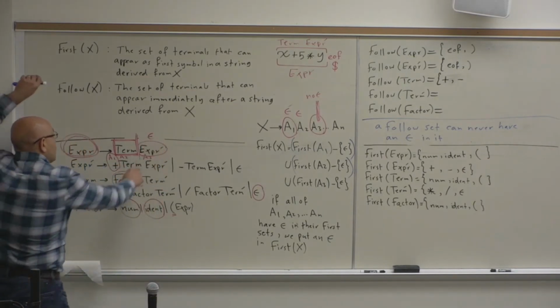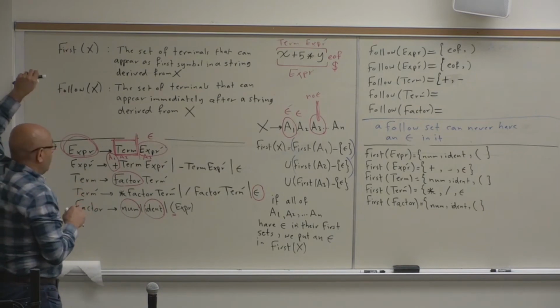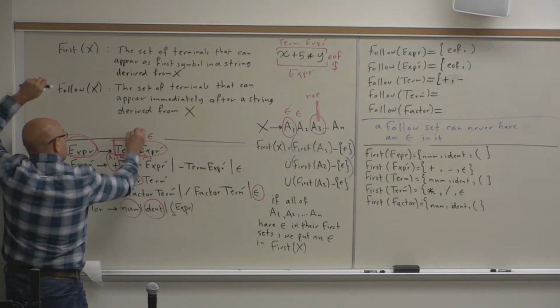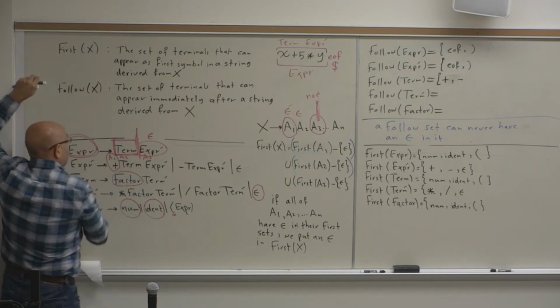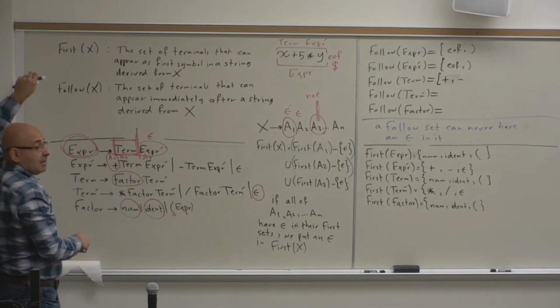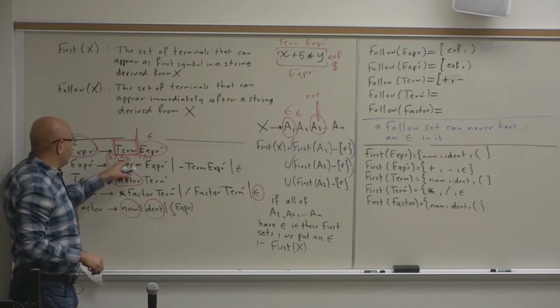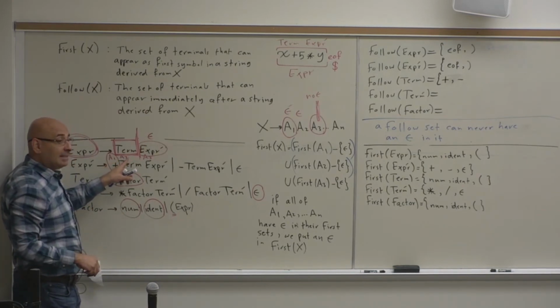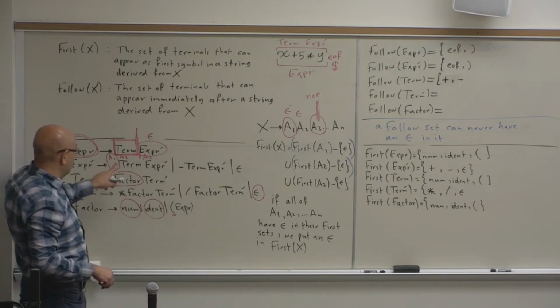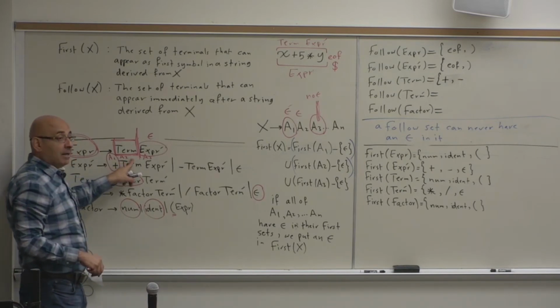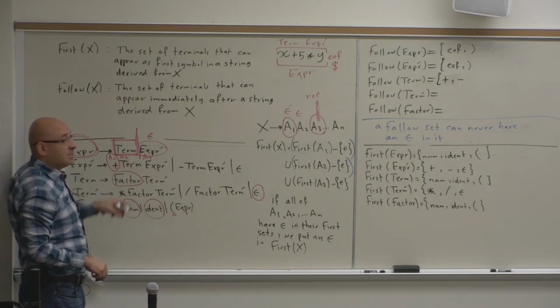Now if I can substitute epsilon for expression prime, this means that there are cases where the term will be the last thing in an expression. So when I substitute epsilon for expression prime, the term will be the last thing in an expression, which means that a term can be followed by whatever the expression is followed by.